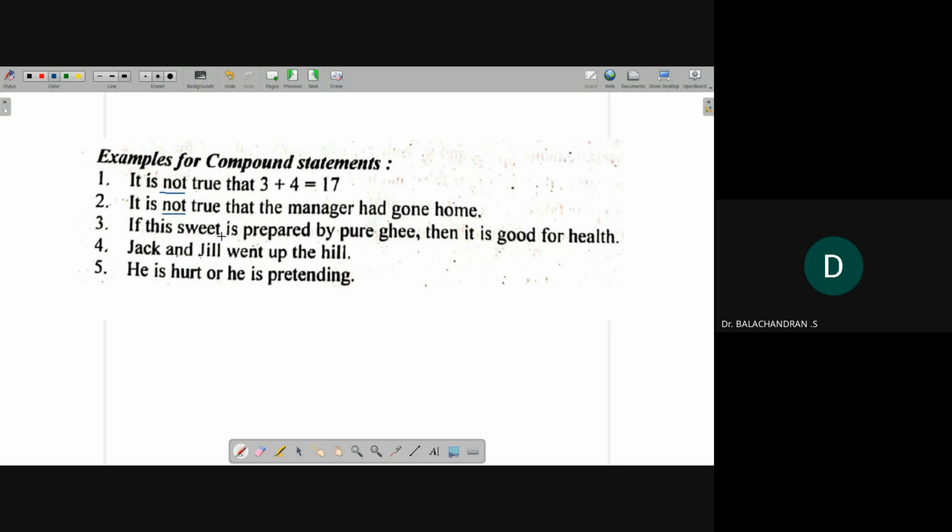If this sweet is prepared by pure ghee, then it is good for health. Here if-then is a connective. Jack and Jill went up the hill, and is a connective. He is hurt or he is pretending, or is a connective. That's why these are called compound statements.